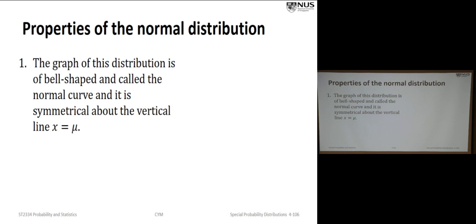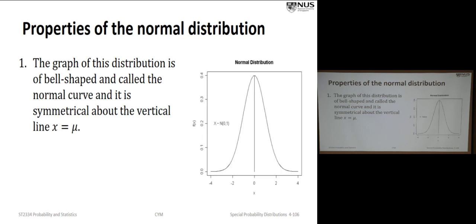Let's look at some properties of the normal distribution. The distribution looks like a cross-section of a bell. This graph is from a normal with mean 0 and standard deviation 1.